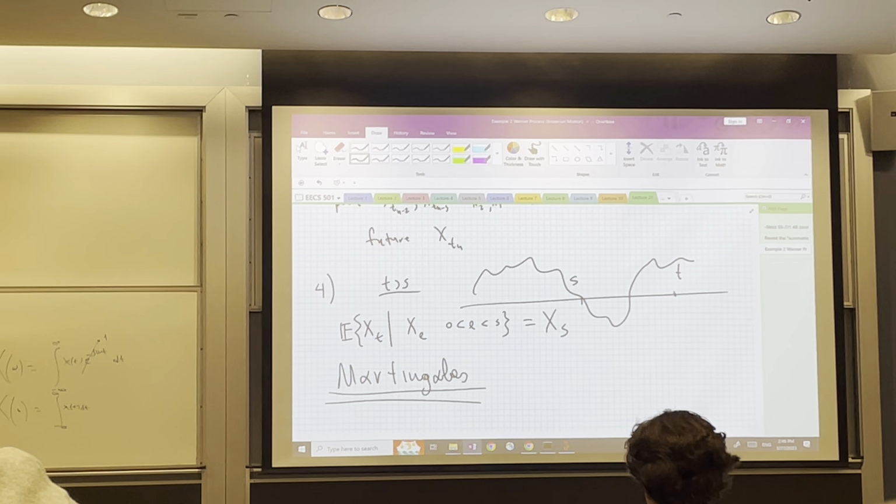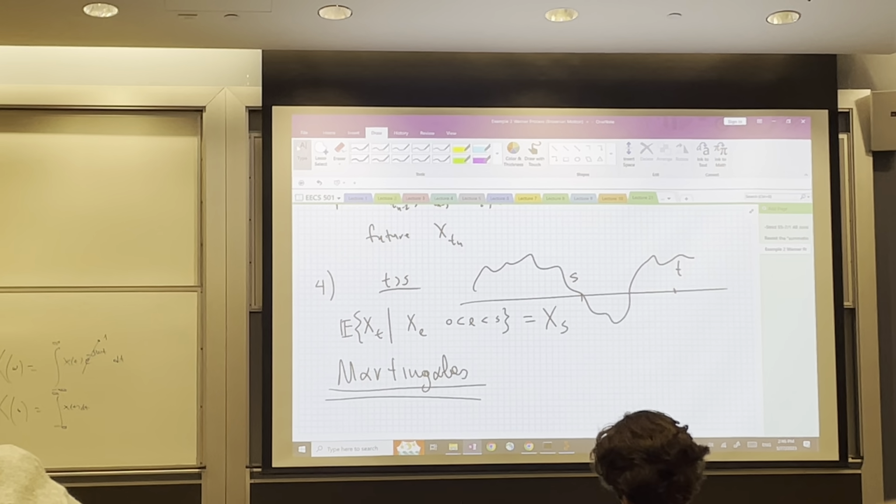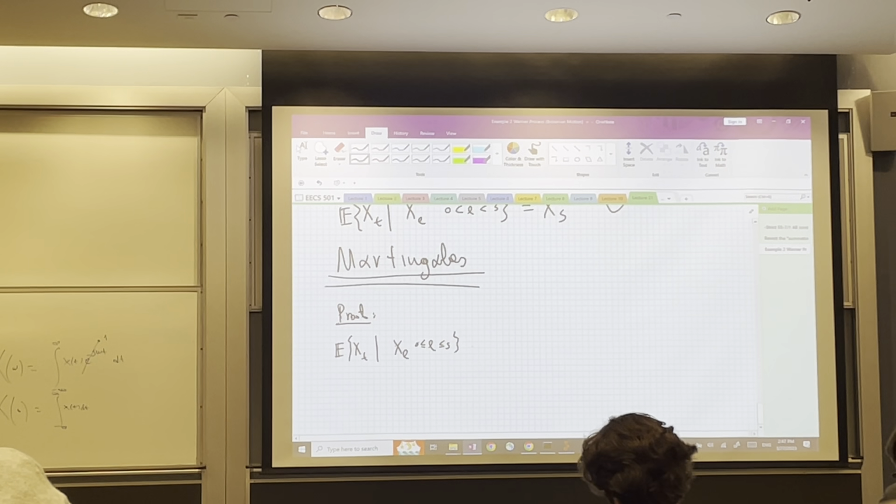Let's prove that. The mean of xt given xl for l between 0 and s is the mean of xt given xs. Do you believe that?